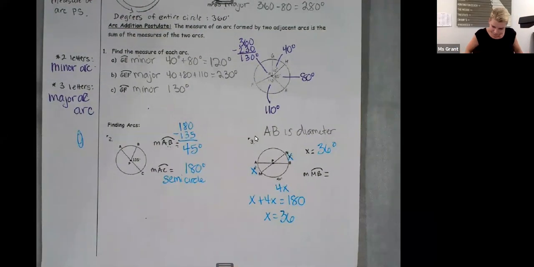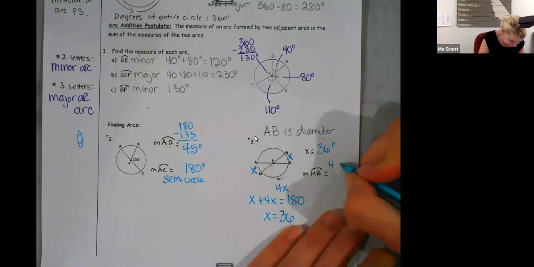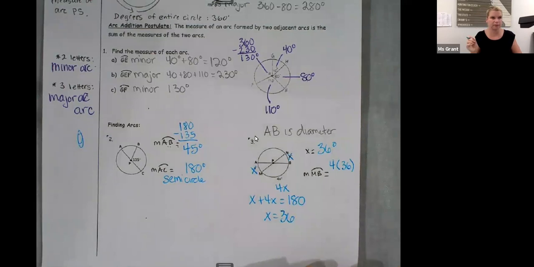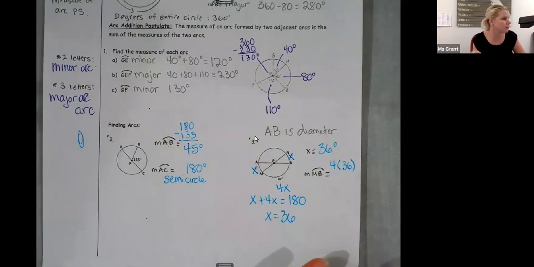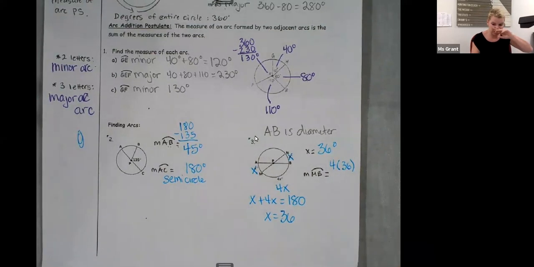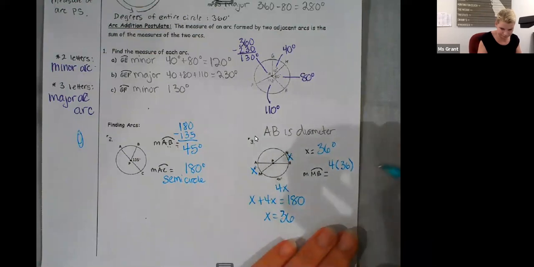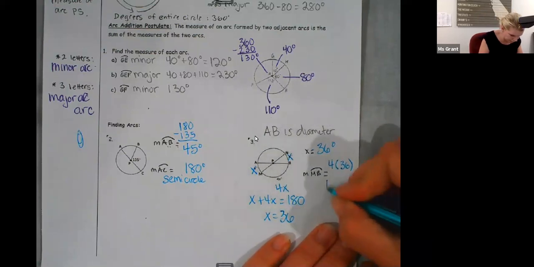Then the measure of arc MB is 4X. 4 times 36, that's going to be 144 degrees.